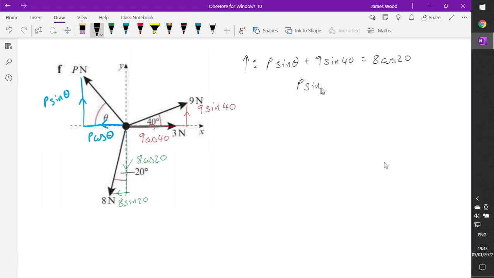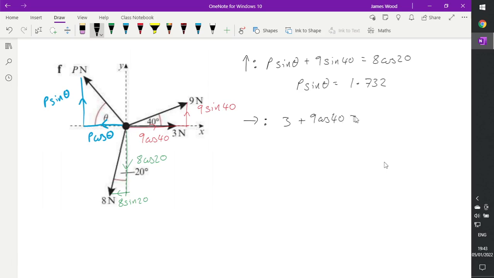So that means that P sine theta is equal to, I'm just going to move the 9 sine 40 to the other side, 8 cos 20 minus 9 sine 40, which gives me 1.732. Do it to a few decimal places. We resolve horizontally. We've got just this horizontal force of 3, plus 9 cos 40.